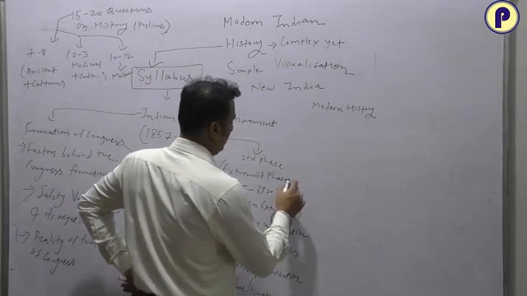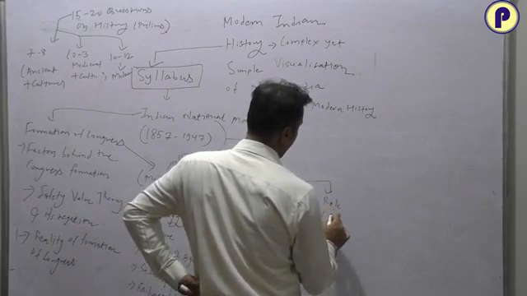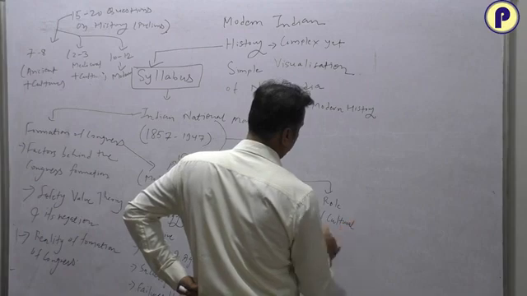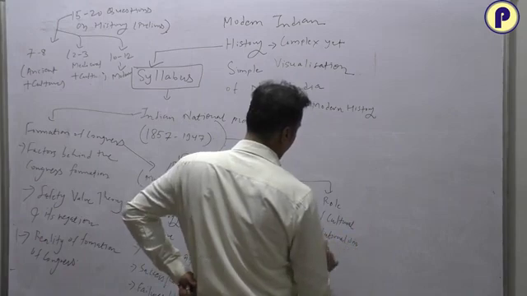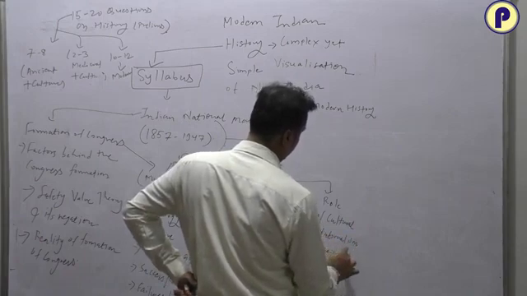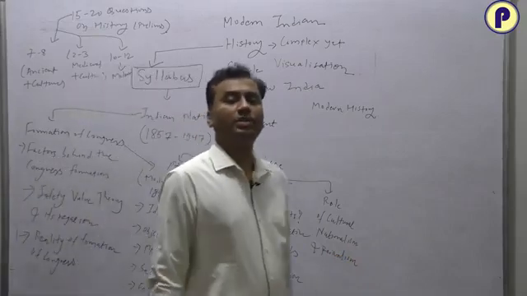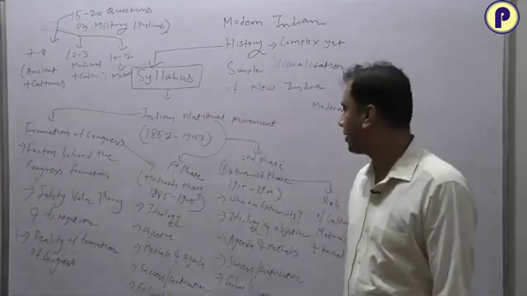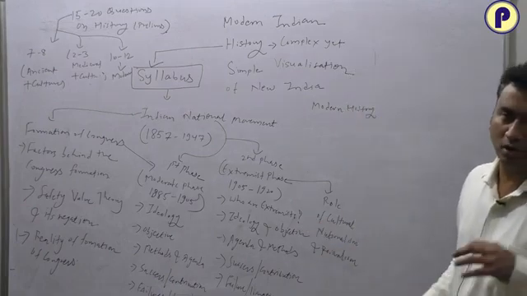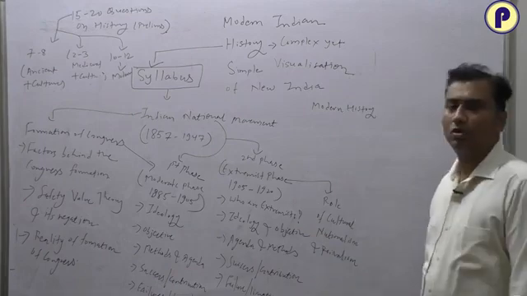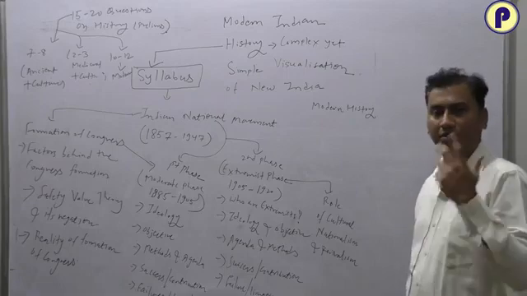Okay. Here we have to see the role of cultural nationalism and revivalism. In this phase we have to see how exactly this extremist phase, if they are called extremist or so-called radicals, right? Why are they called so? What was the ideology which was shaping their actions?